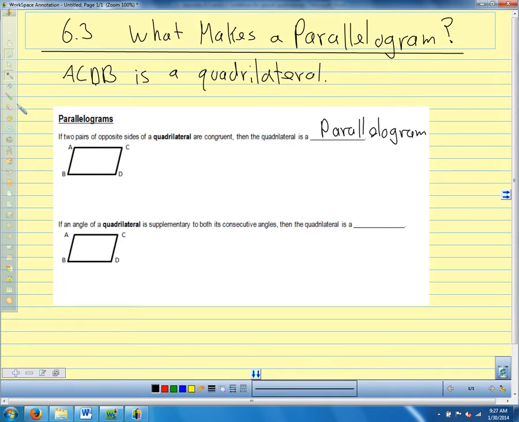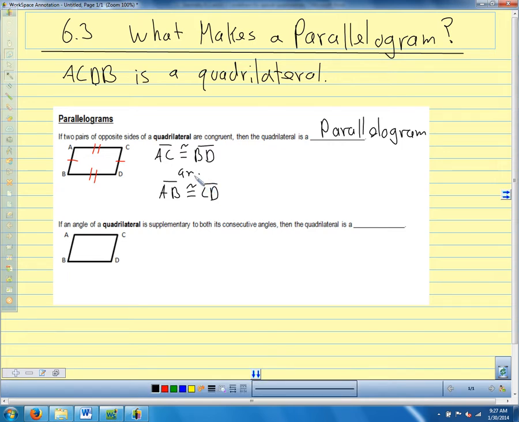And so on our figure, what we could do is mark it like so. If these are congruent, these two are congruent, and those are congruent. So if we wrote in symbols, segment AC is congruent to segment BD, and segment AB is congruent to segment CD.